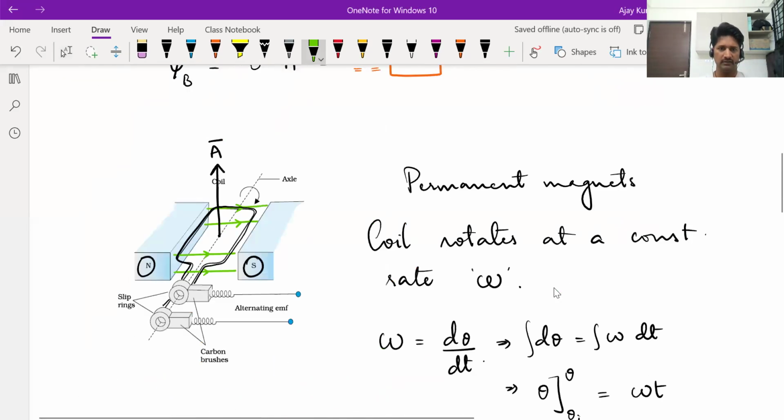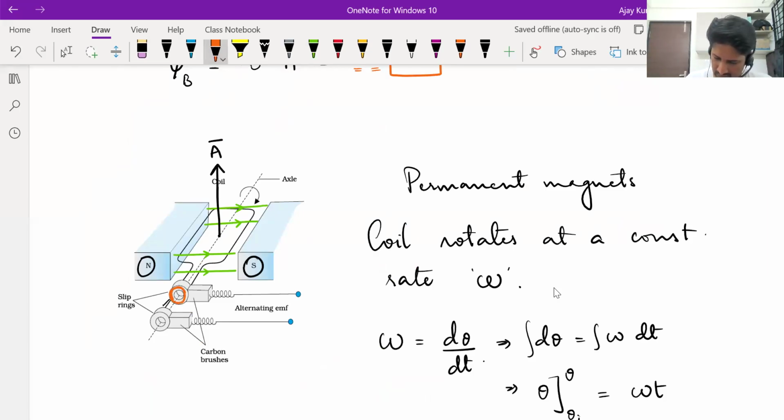Now you can see that this coil, the coil that you see here, is connected to, what do we call these? Terminals only, I should say. There's one terminal here. One end of the coil is connected to this.